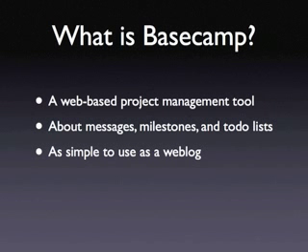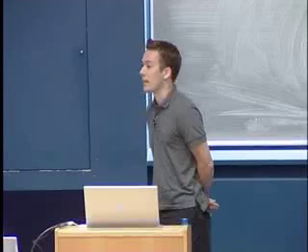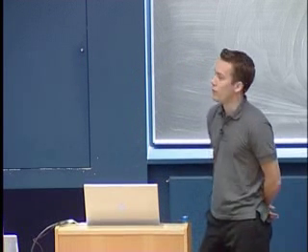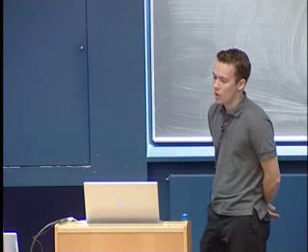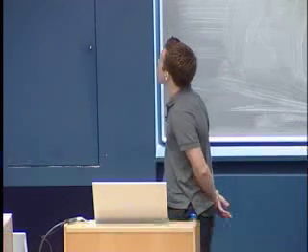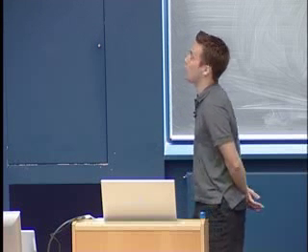It isn't a system that's about controlling. It is not a system that's about making Gantt diagrams or other methods of control. It's about collaboration. And what we've chosen to focus on with this collaboration platform is messages, milestones, and to-do lists.